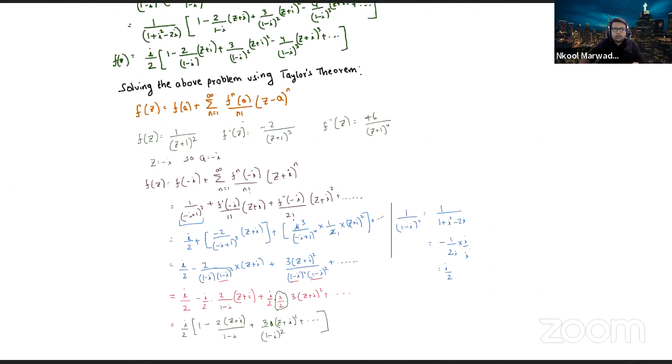This is what we got earlier using the other method, and this is what we got using the Taylor's method. And I think it is exactly same. I by 2, 1 minus 2, z plus I upon 1 minus I, plus 3, z plus I square upon 1 minus I square, plus, and so on. It means that whatever we did is right. I hope it is clear.